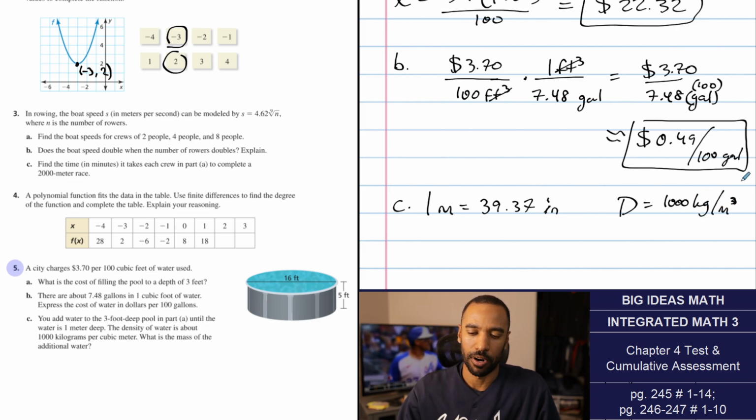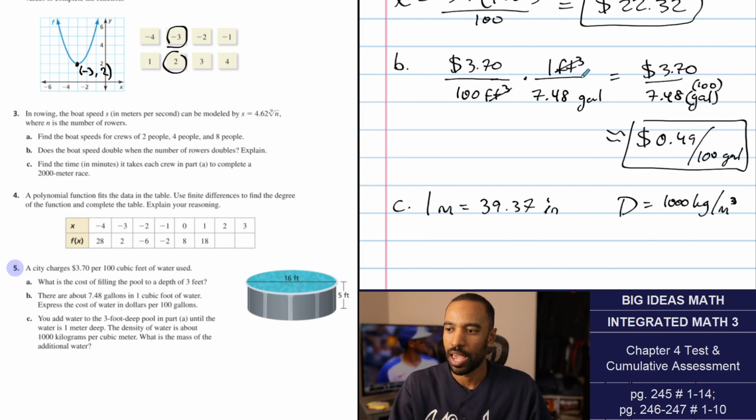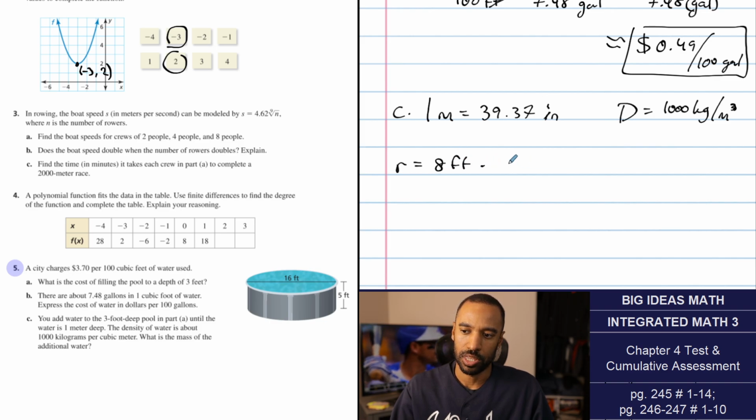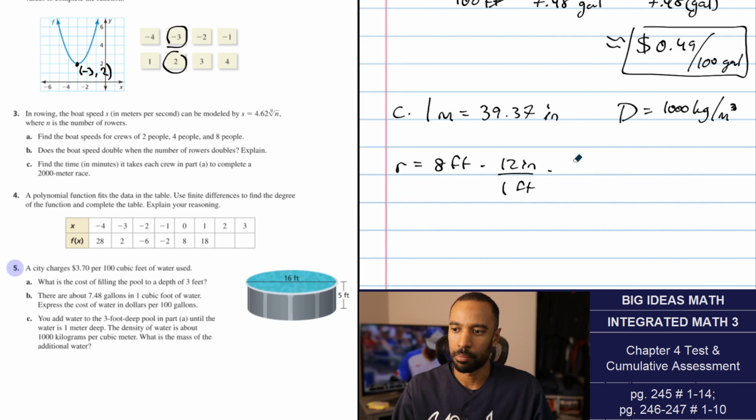So we need to convert our feet to meters in order to work this thing out. Our radius is 8 feet, which there are 12 inches in 1 foot, and there are 39.37 inches in 1 meter.